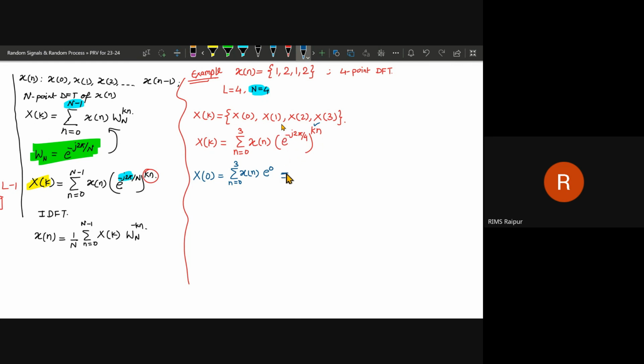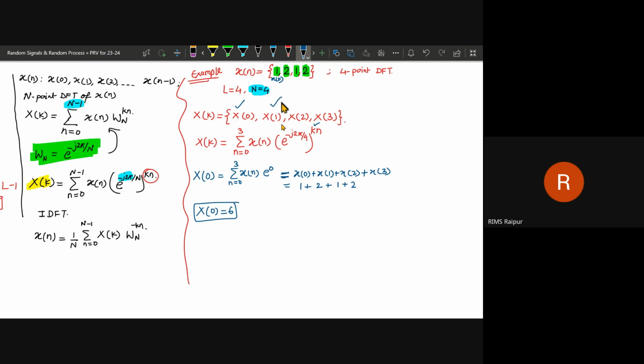Now when you put the values of n from 0 to 3, you will get x of 0 plus x of 1 plus x of 2 plus x of 3. Correct. Now the value of x of 0 is 1. The value of x of 1 is 2. This is x of 2 and this is x of 3. So simply put all the values here. So when you put 1 plus 2 plus 1 plus 2, simply you will get 6. So the value of x of 0 will be 6 here. So we found this value x of 0.